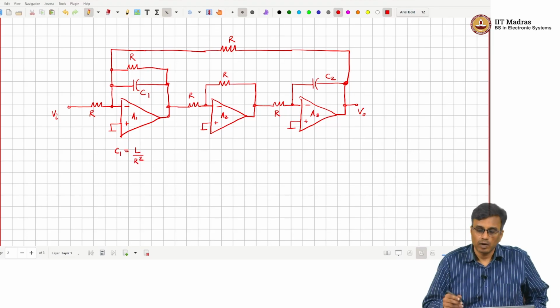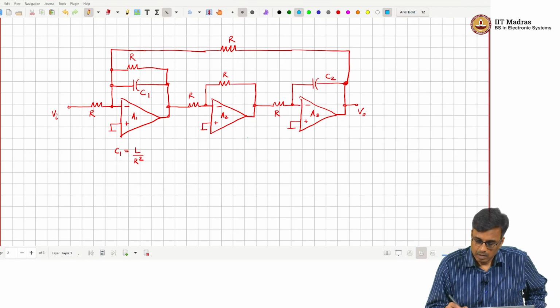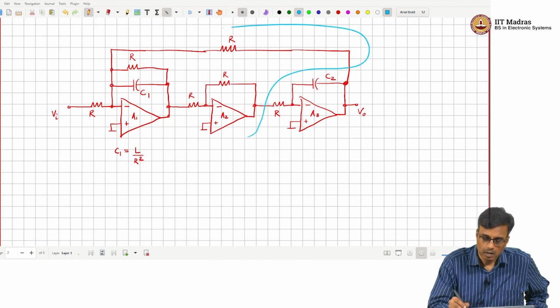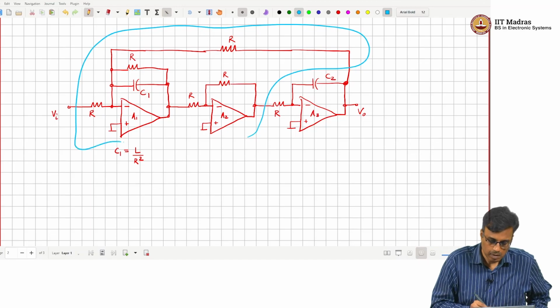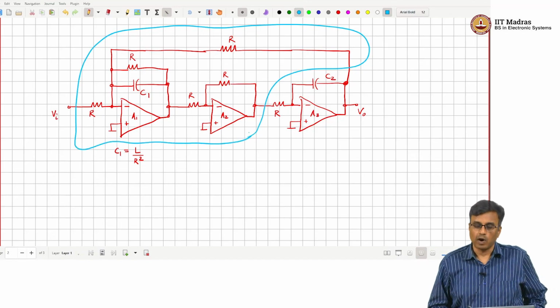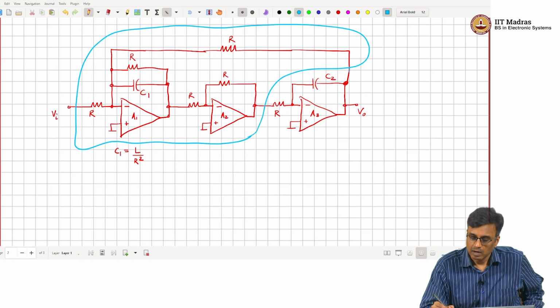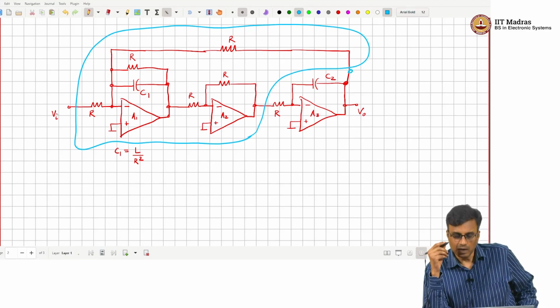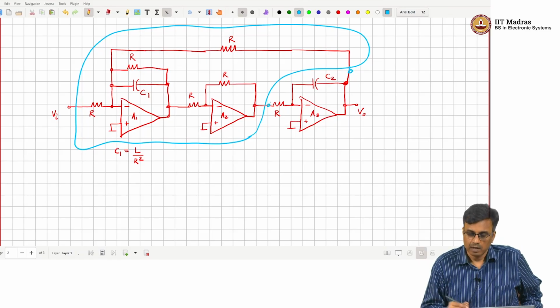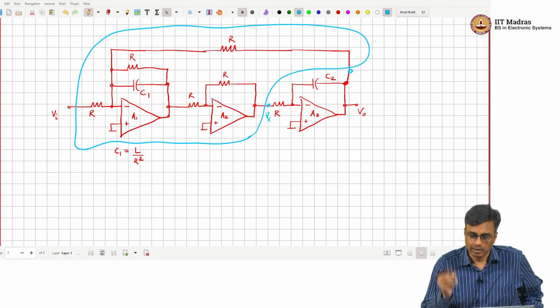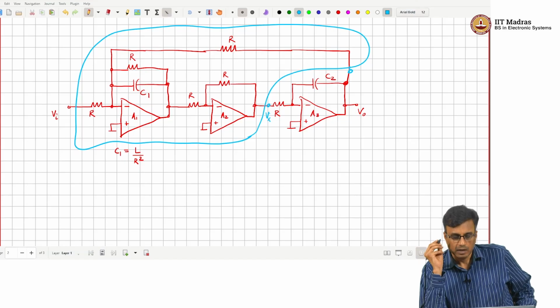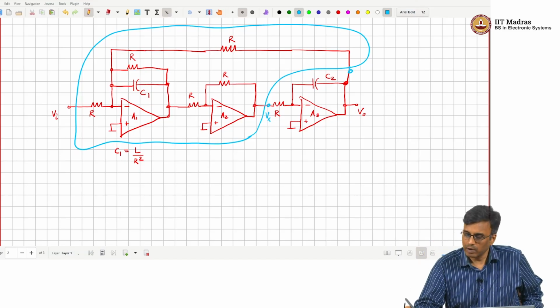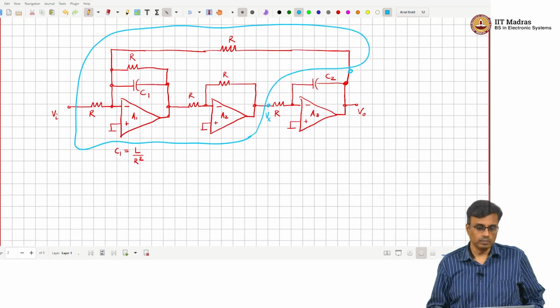Okay. Now, if I think of this as a box, right, with two inputs Vo and Vi and one output, namely let us call that Vx, correct. So, how is Vx related to Vo and Vi?